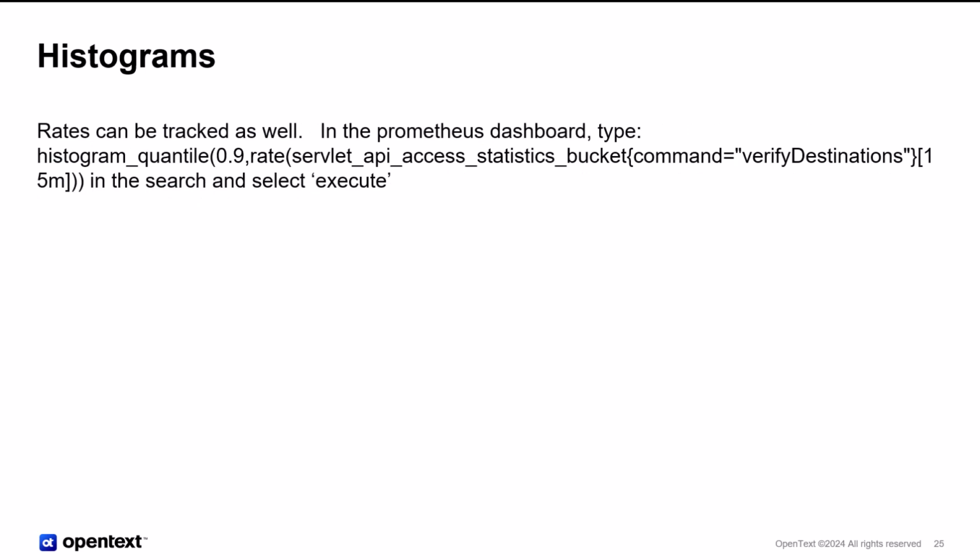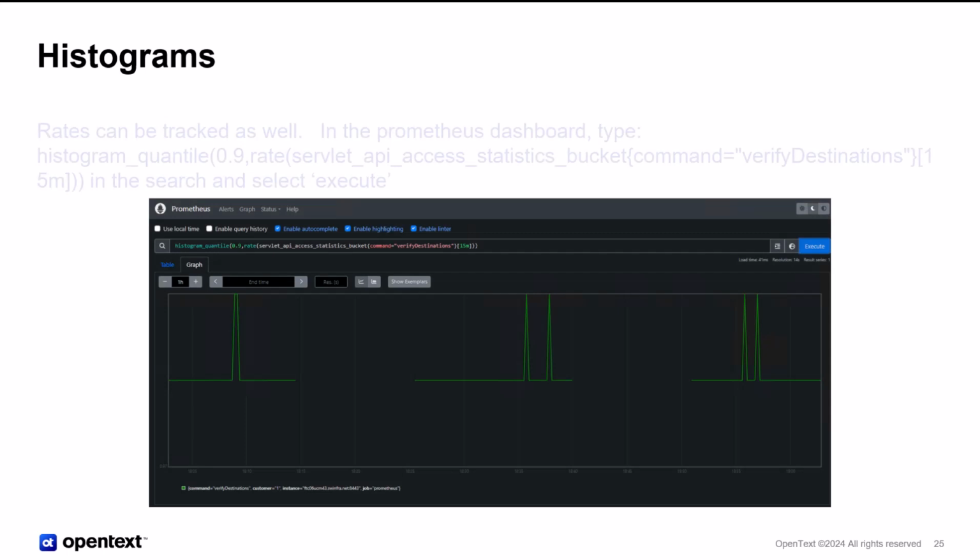Rates can also be tracked. So we can have the histogram quantile of 90%, and now we've wrapped the Servlet API Access Statistics bucket with a time parameter of 15 minutes inside of a rate function, and then you can execute that to show a graph.